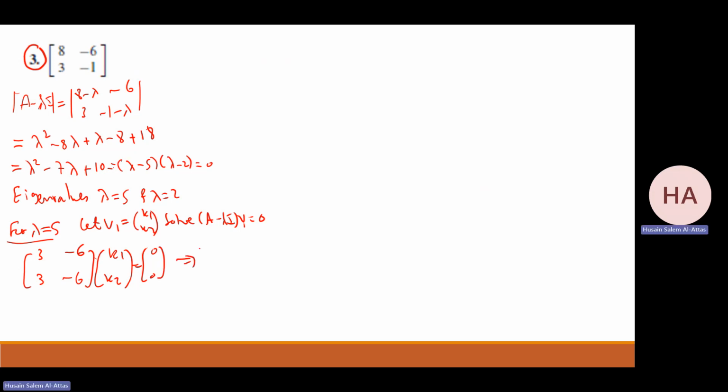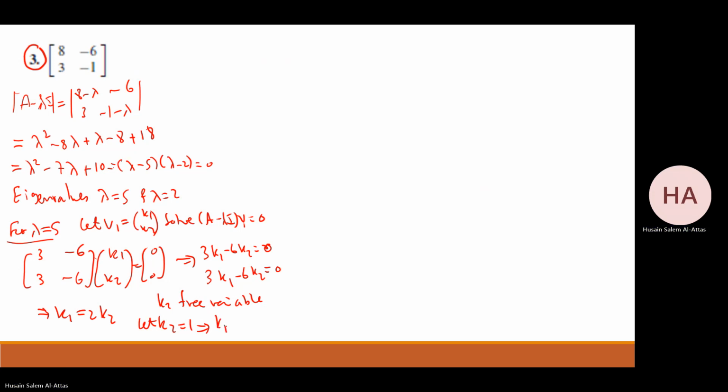So you have 3K1 minus 6K2 equals 0, and the same thing. So actually I have K1 equal to 2K2. So K2 is a free variable. Let K2 equal 1. I'm getting K1 equal 2. So what is my V1? It is 2 and 1.